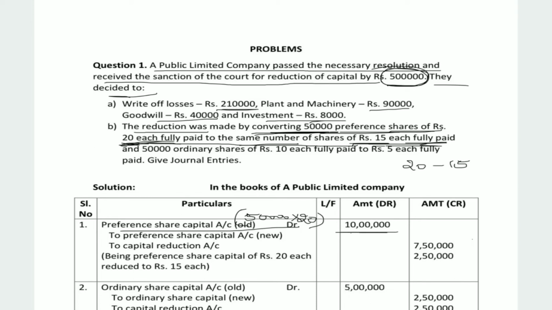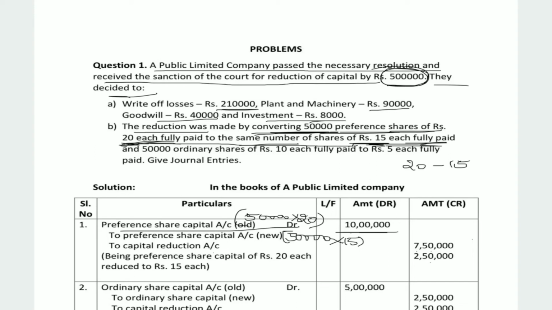Now the new value is 15 rupees. So this is 50,000 into 15. So to preference share capital account, 50,000 into 15 comes to 7,50,000. To capital reduction account, that is the difference between the old share and the new value of the share. So 10 lakh minus 7,50,000 will be 2,50,000, that will be transferred to capital reduction account.